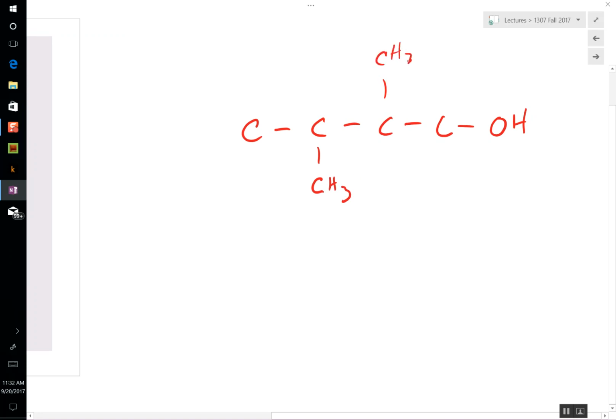All right, go ahead and name that. Name that one. I'll make it a little bit harder. Name that molecule. Longest chain.